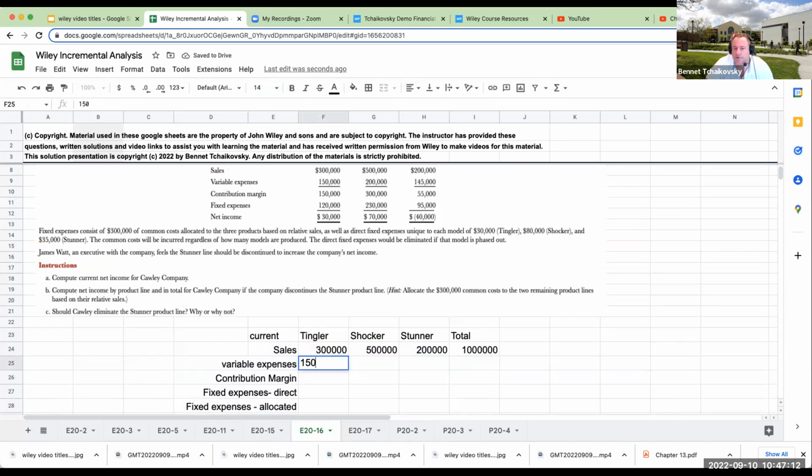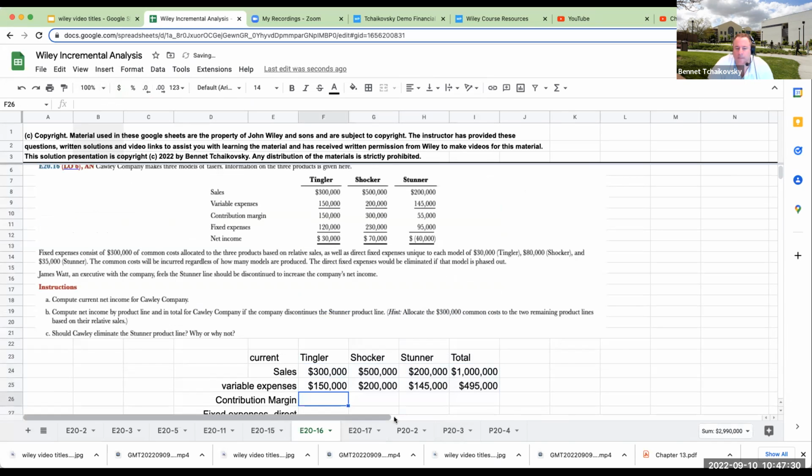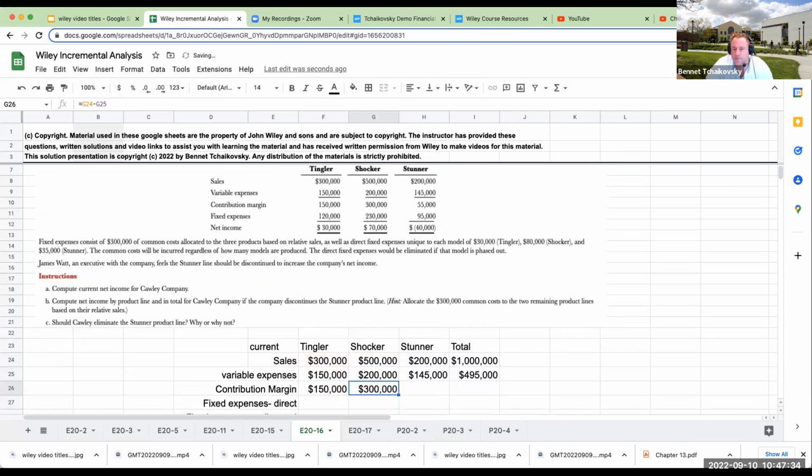Variable expenses, 150,000, 200,000, and then 145,000 for a total variable expenses of 495,000. So contribution margin, 150, 300, and then 55,000. And then our overall contribution margin is 505.